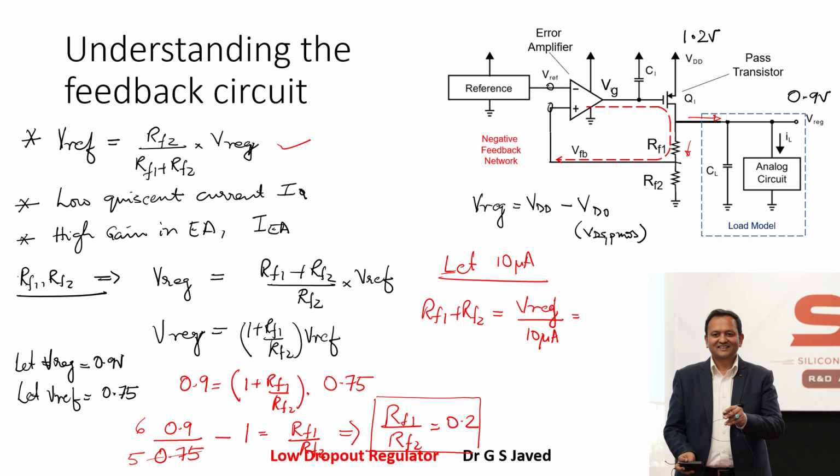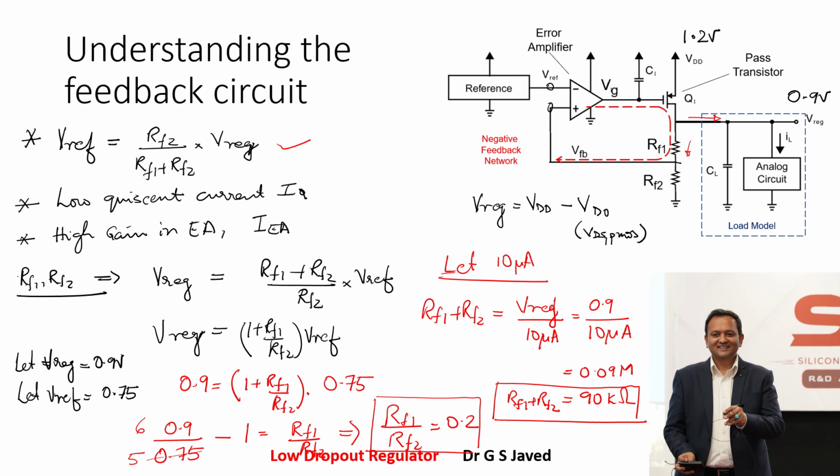If your regulated voltage is 0.9 divided by 10 microampere, your total value is 0.09 mega, or 90 kilo ohm. Right? So this is the 90 kilo.